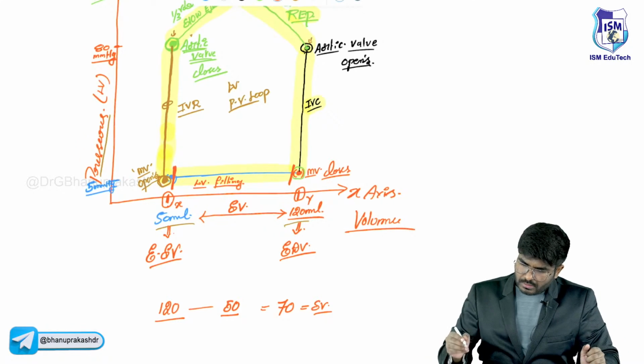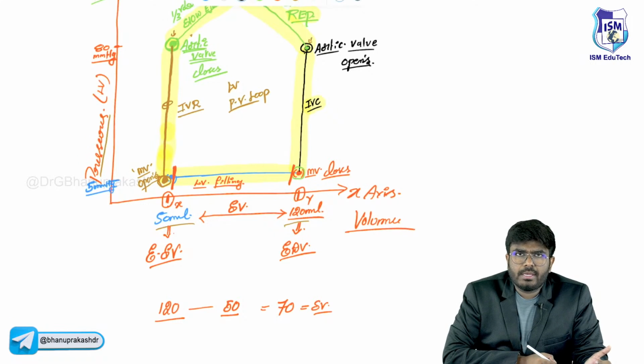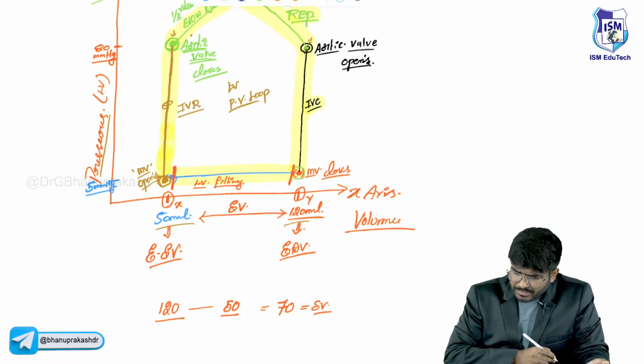Now let me explain with some examples. In your second year, you will study pathologies like mitral stenosis, mitral regurgitation, aortic stenosis, aortic regurgitation, something like that.